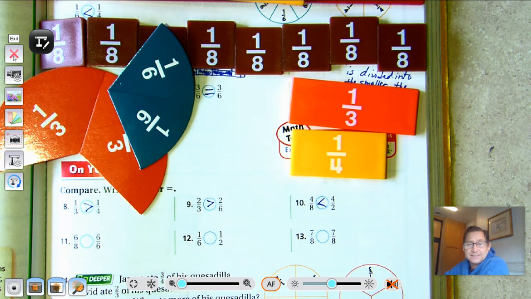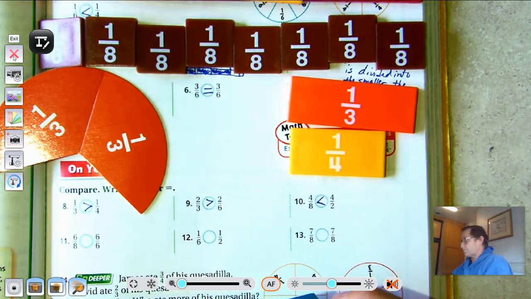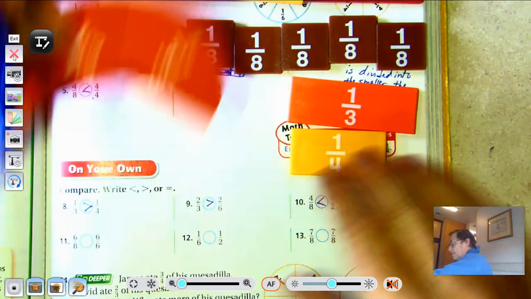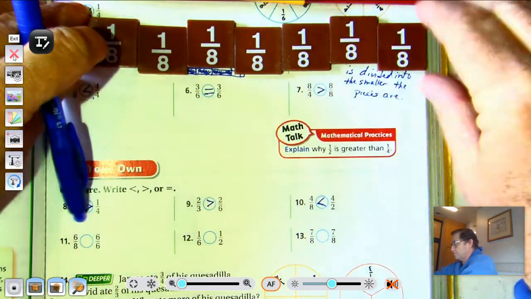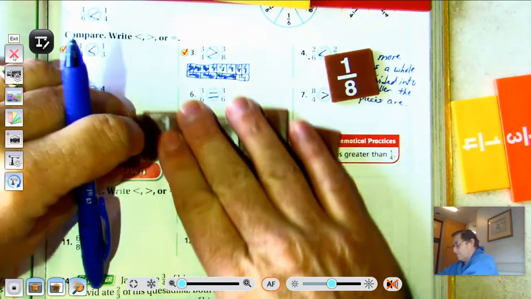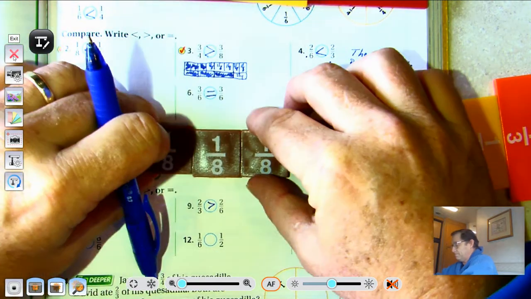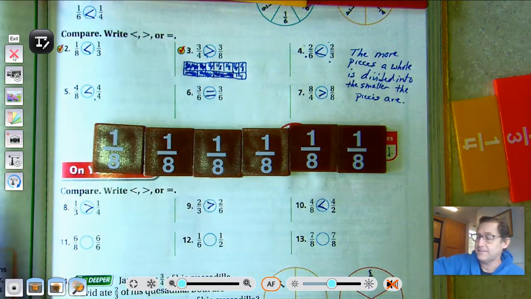6/8, 6/6. So I have 6/8 compared to 6/6.